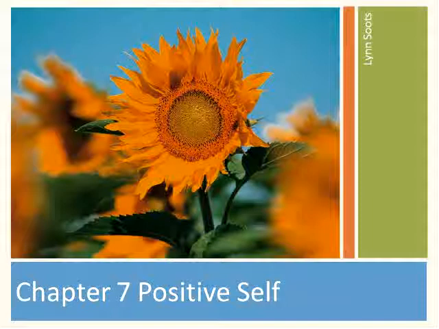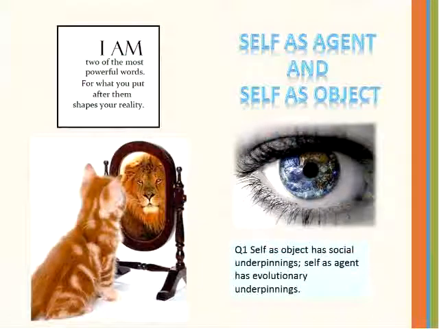All right, so the first thing that we're going to look at is, let's move to slide 1 here. We're going to be looking at self as object and self as agent. This is a theory of duality.